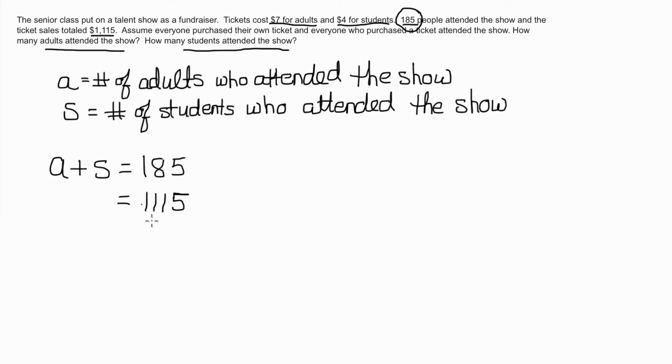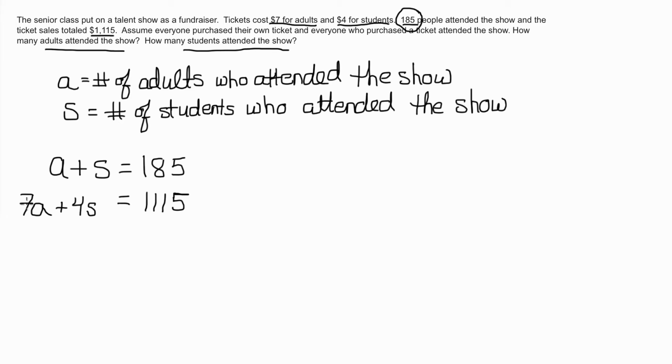So how could we get that number using 7 and 4 and using these variables A and S? Well, if A is the number of adults who attended the show, think about it. $7 is how much an adult ticket cost times the number of adults who purchased tickets, since everyone who purchased a ticket attended the show, plus think about what you would do with the students. Well, it costs $4 per student, and S is the number of students who attended the show.